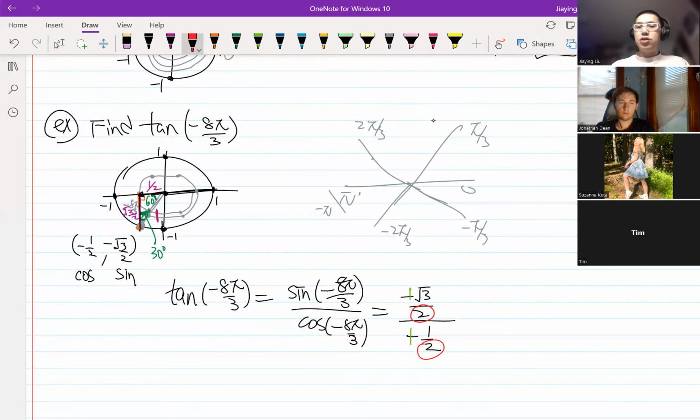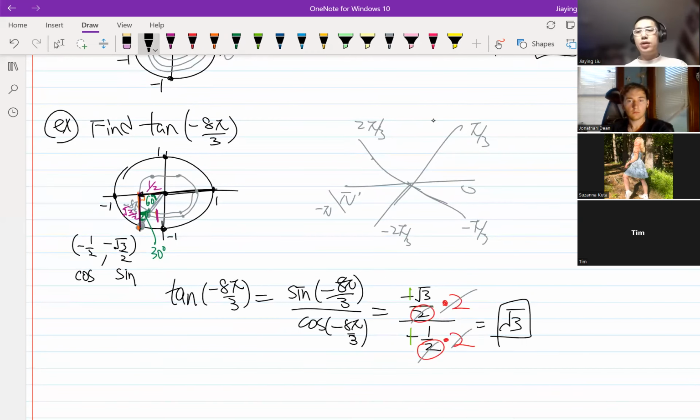So I'm going to take the numerator fraction and multiply by 2, and take the denominator fraction 1/2 and multiply by 2. Now I can cancel the 2 I multiplied with the existing denominator of both parts. So I just end up with root 3 over 1, which is root 3.